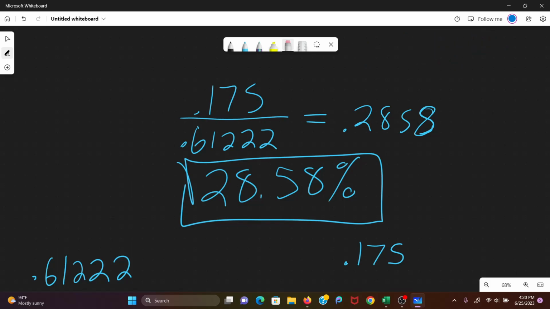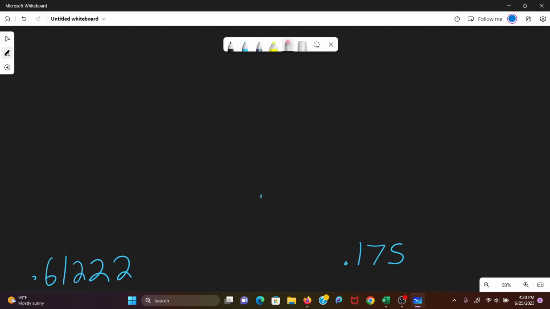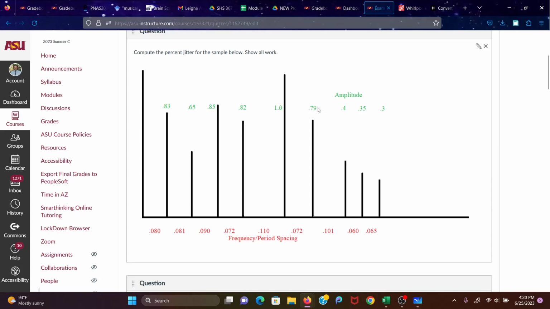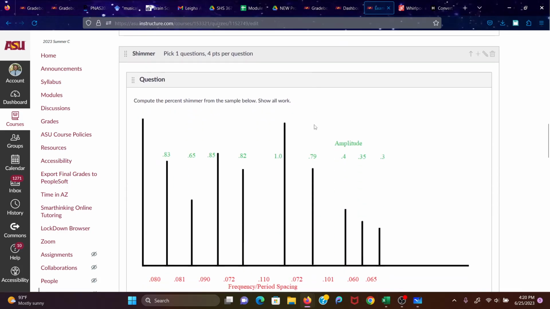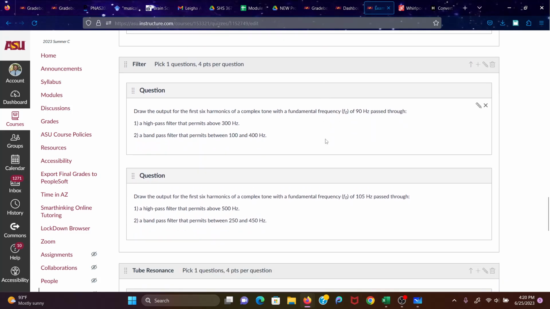Okay, let's get rid of all this and move to question 3. Question 3 is, let's drop it down. Nope, we did that. All right, question 3. Draw the output for the first 6 harmonics of a complex tone with a fundamental frequency of 90.